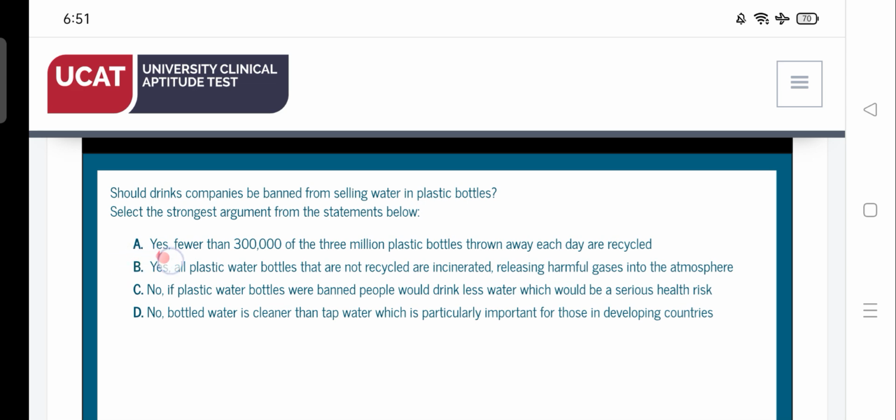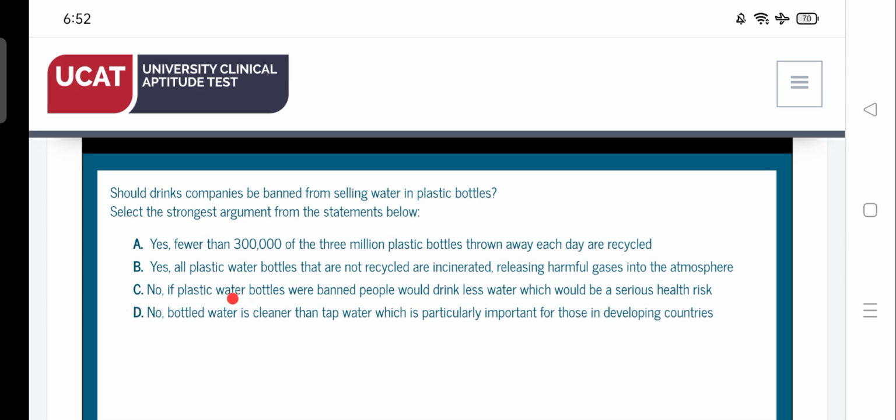In option A we have: yes, fewer than 300,000 of the 3 million plastic bottles thrown away each day are recycled. Option B: yes, all plastic water bottles that are not recycled are incinerated, releasing harmful gases into the atmosphere.